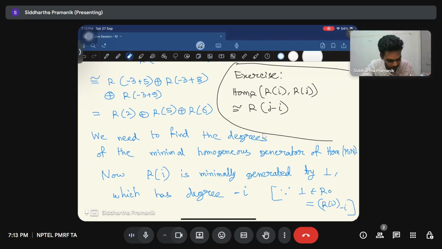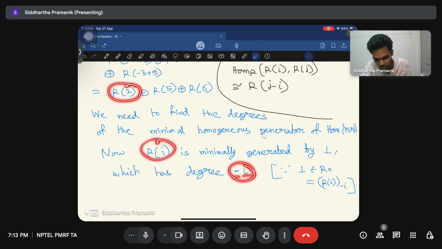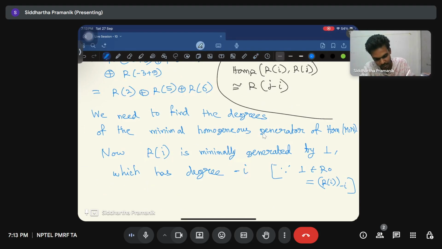So that is by the definition. So how do we shift things? 1 has degree minus i in R(i). So here 1 has degree minus 2, here 1 has degree minus 5, and here 1 has degree minus 6.